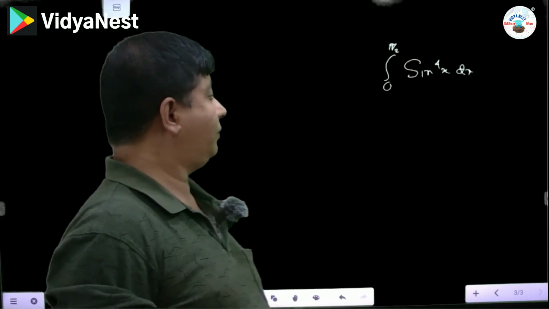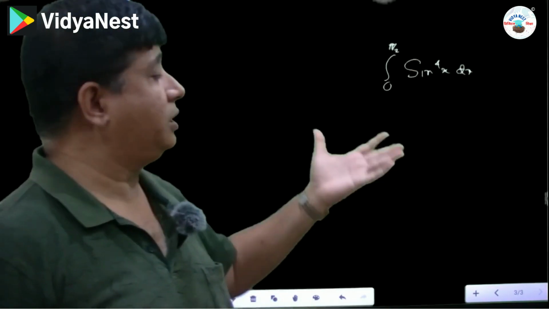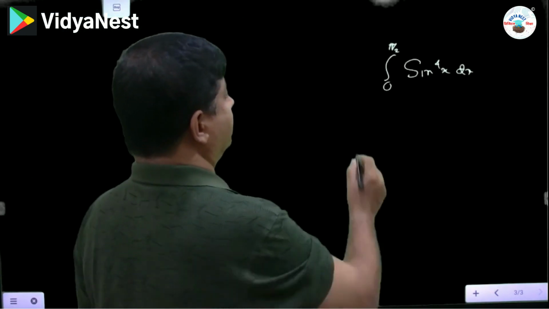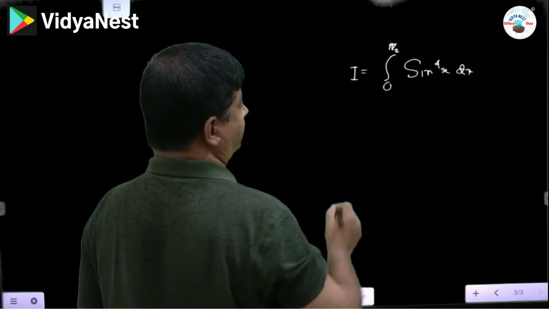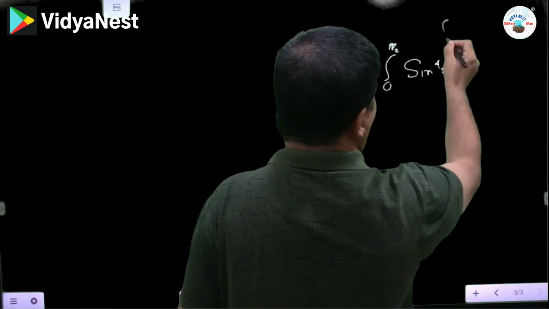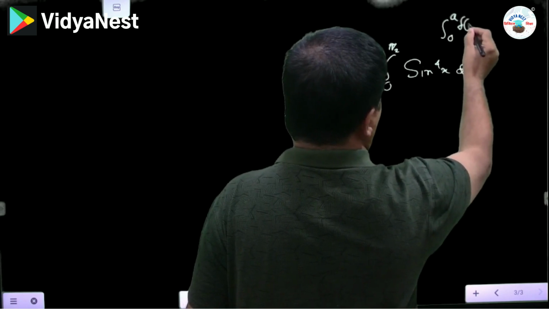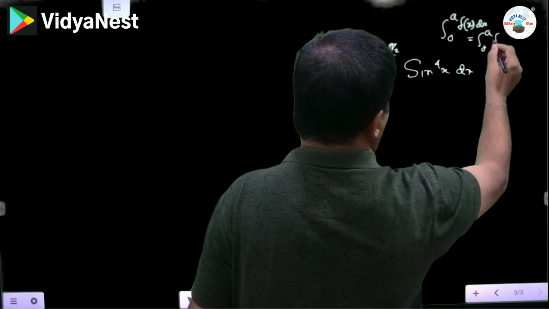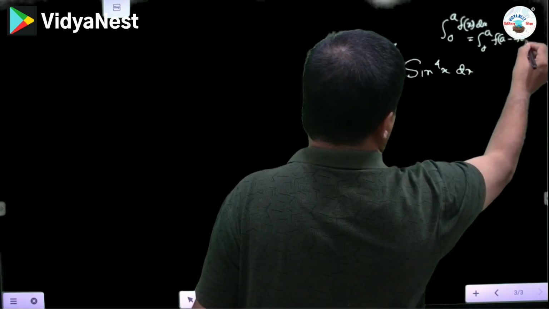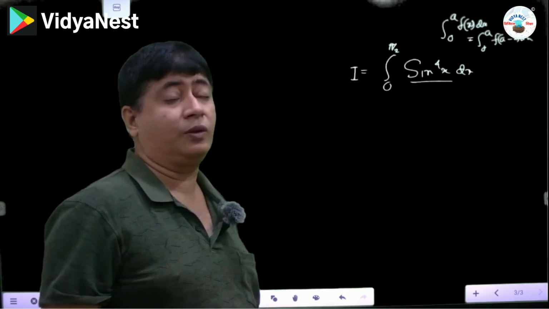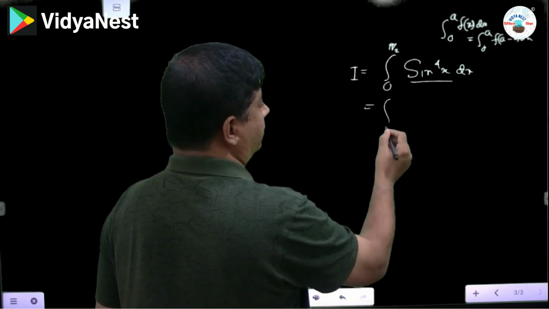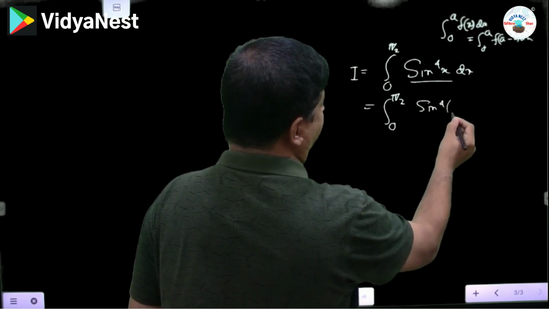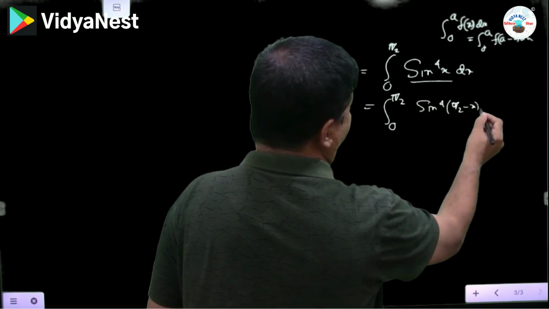Now, in the normal way, suppose you have got this sum in a board exam. How will you proceed? You will take this thing as I, and the fourth property you just remember has to be applied here. Integral 0 to pi by 2 sin to the power 4 of (pi by 2 minus x).